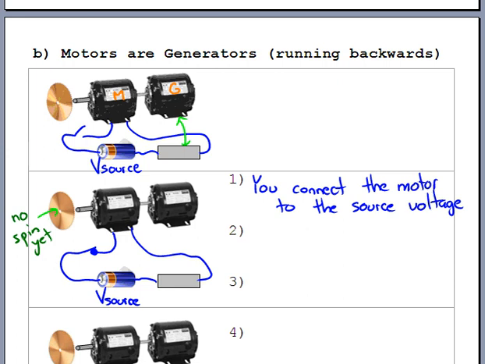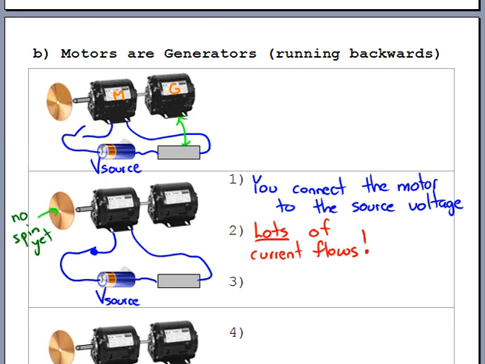What you're going to find is at that moment a dangerous amount of current flows, just a ridiculous amount of current flows. So I'm going to put in here lots of current flows. And if you wanted to know how much current flows, you could just do Ohm's law.